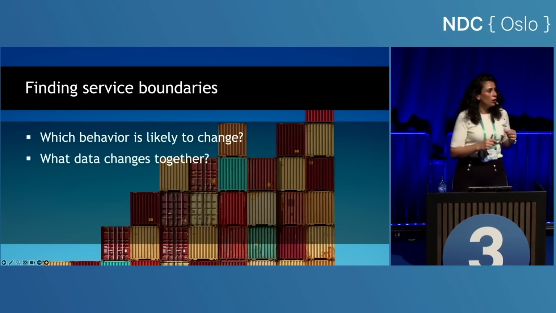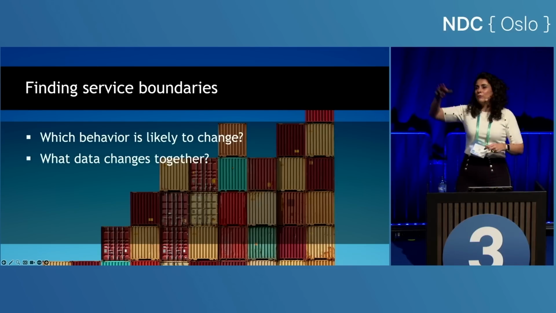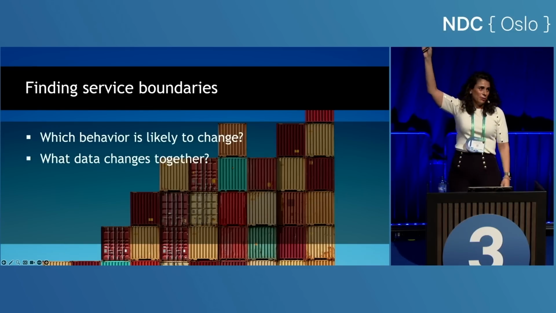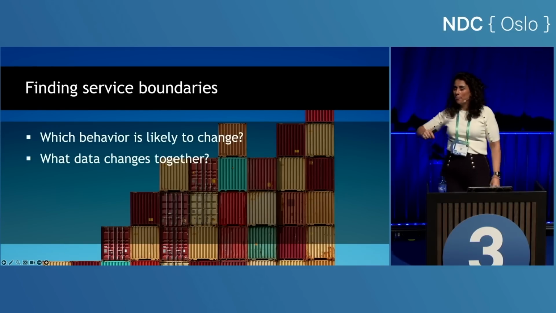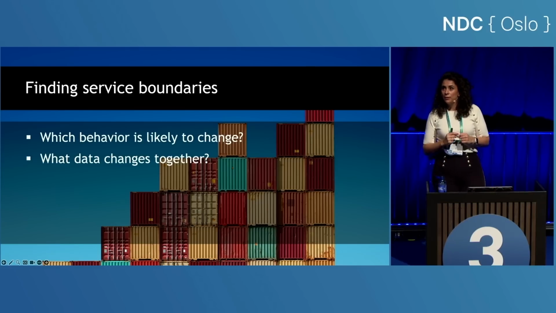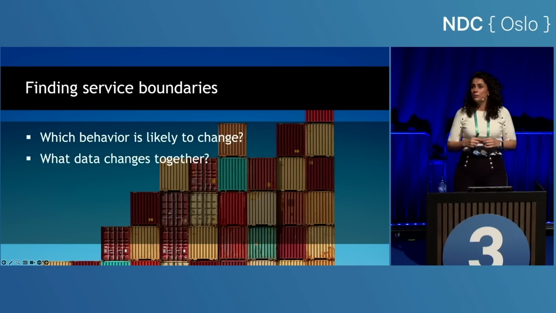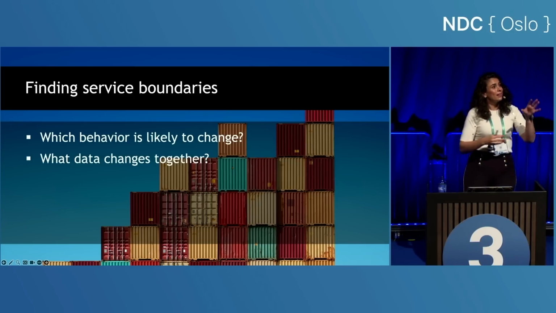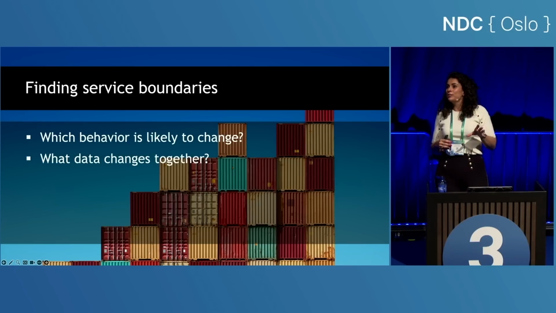When it comes to what data, we also want to ask what data tends to change together. If you think about a product, for example, who's ever worked in a system that has a product table? Okay, almost everyone, right? Now, a product has a name, it has an image, it has a price. If the price changes, is it likely also going to affect the product name? Not really, right? But if the product name changes, is it likely to affect the product image?